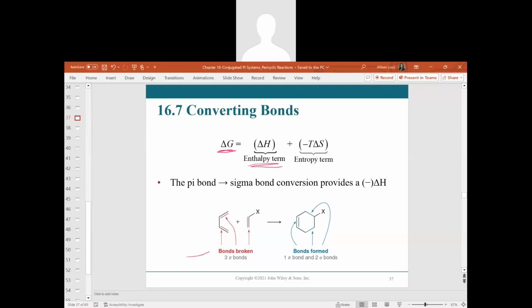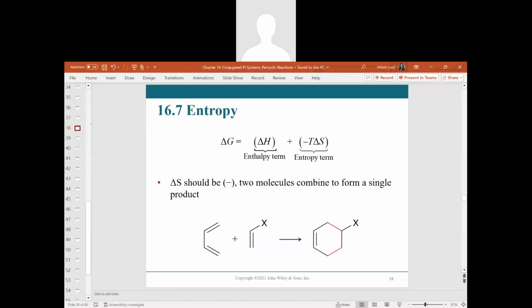And what we see here is that we have those 3 pi bonds broken, and then in our product we would have 1 pi bond formed and 2 sigma bonds formed. So there will be an unequal amount of energy in the lost and gained bond formation. So we should see a negative change in enthalpy overall in these Diels-Alder reactions.